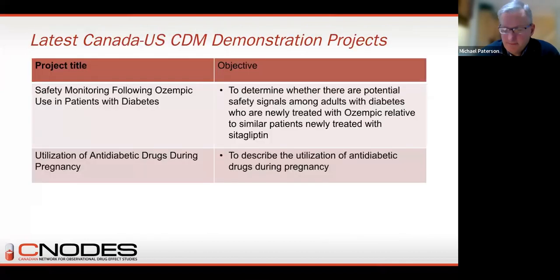Next slide, please. Following on from those projects, we have a couple of new demonstration projects underway now. These are exposing us to new analytic packages that we've not used before. The first is a drug safety signal detection software package called TreeScan.